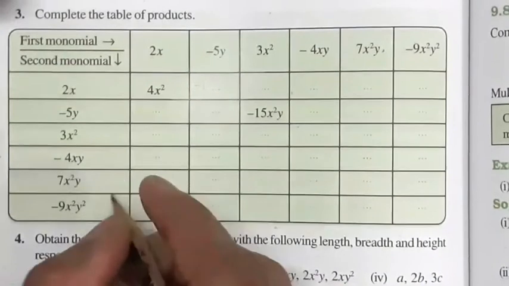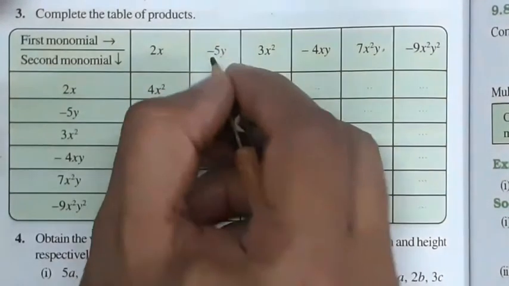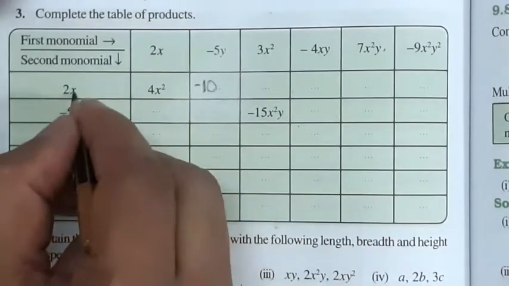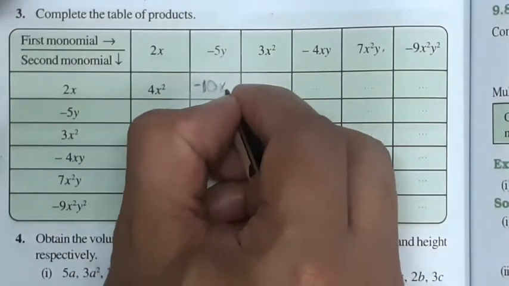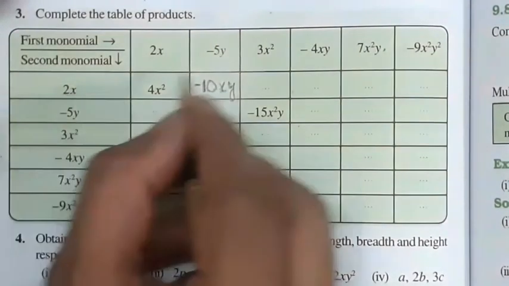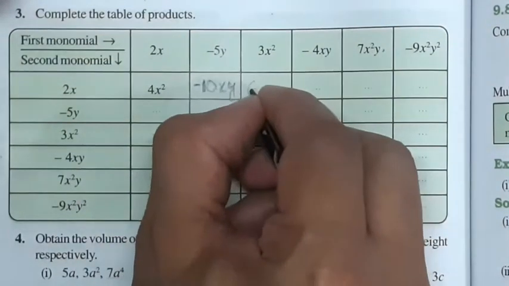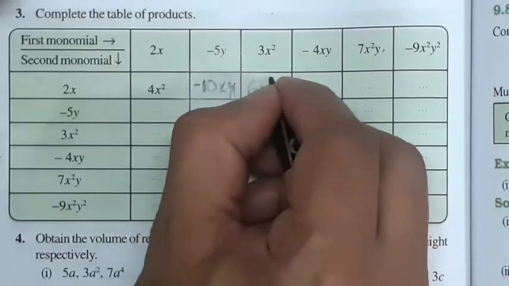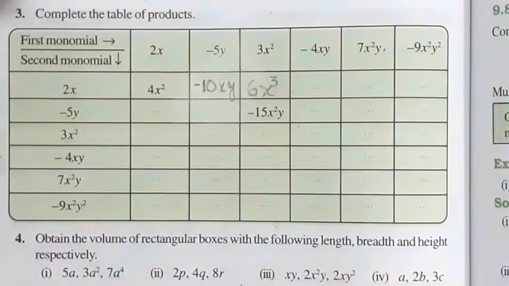So just observe, 2 into minus 5 is minus 10, x into y is xy. Okay. Next, 2 into 3 is 6. x into x square, as you know, x power 3 or x cube.